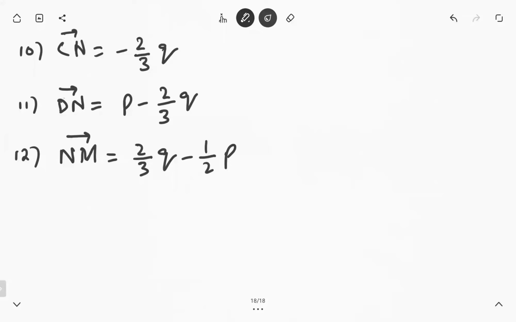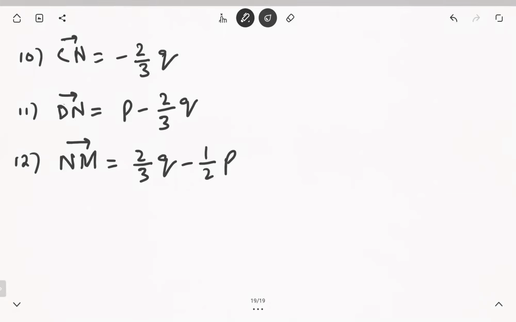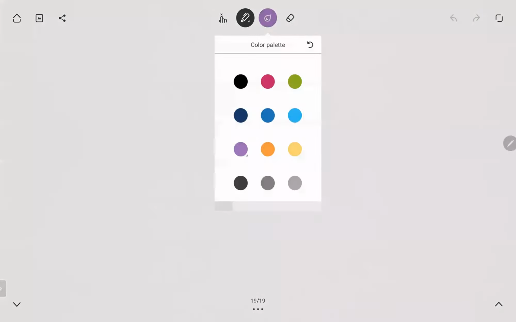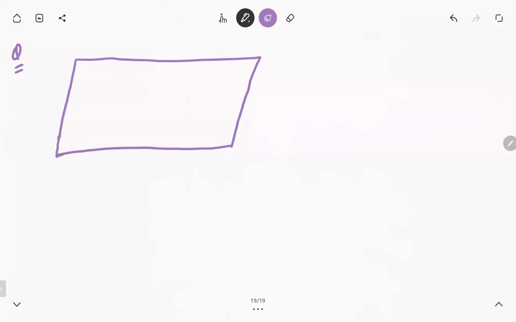Let's do the next question. You can leave this diagram. We have another parallelogram PQRS. It is given that PQRS is a parallelogram.